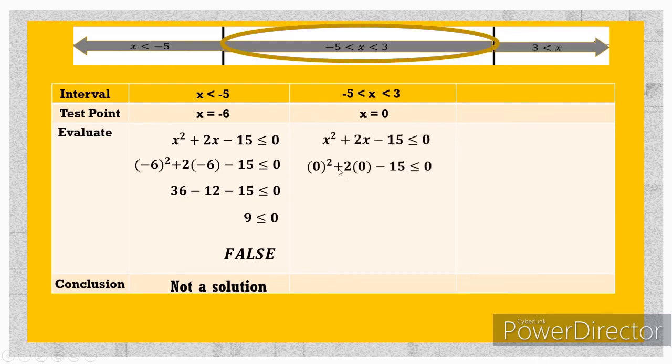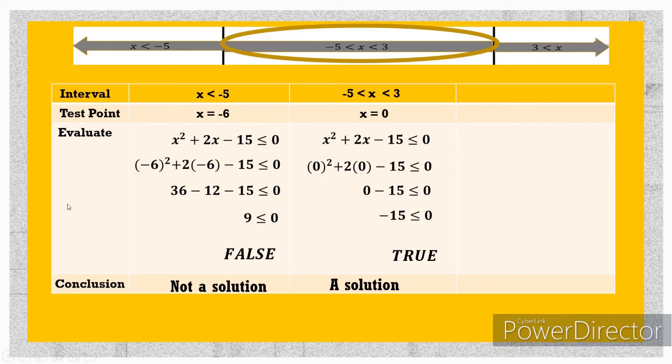So, we have 0 squared plus 2 times 0 minus 15 is less than or equal to 0. So, we have 0 minus 15 is less than or equal to 0. We have negative 15 is less than or equal to 0. Is this correct? Yes, this one is true. So, ibig sabihin, this interval is a solution of the quadratic inequality.